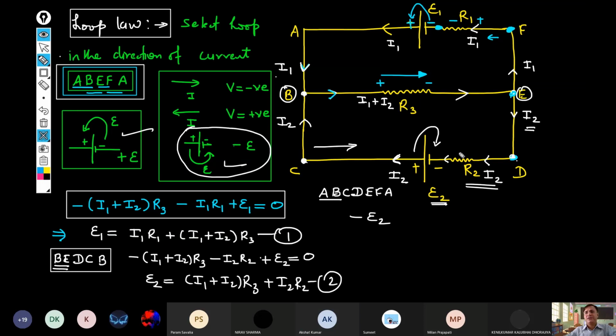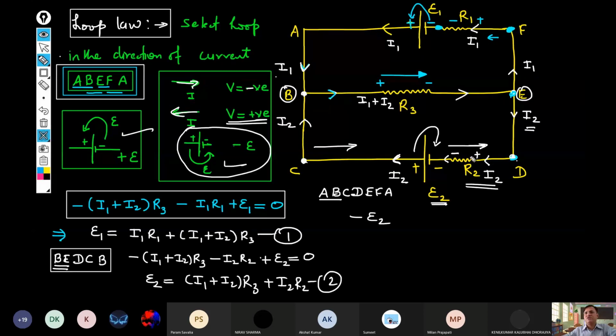Okay, now here we are moving opposite to the direction of current, right? This is plus and this is minus. So what shall I write now? देखो in the direction of current we take minus, but when we are moving opposite to the direction of current, then we take positive, plus.